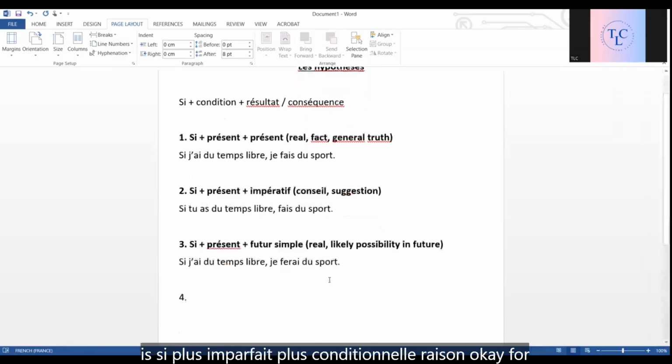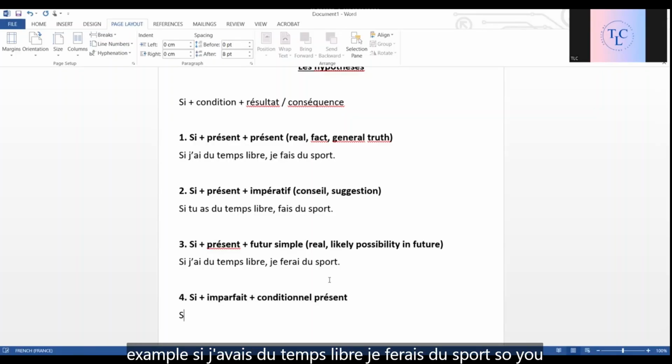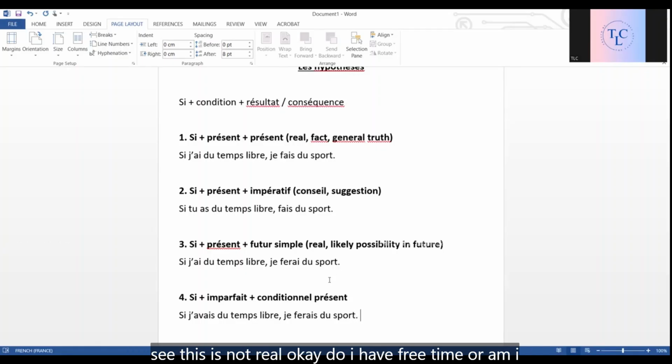And the fourth one is si plus imparfait plus conditionnel présent. For example, si j'avais du temps libre, je ferais du sport. You see, this is not real. Am I talking about right now or in the future?